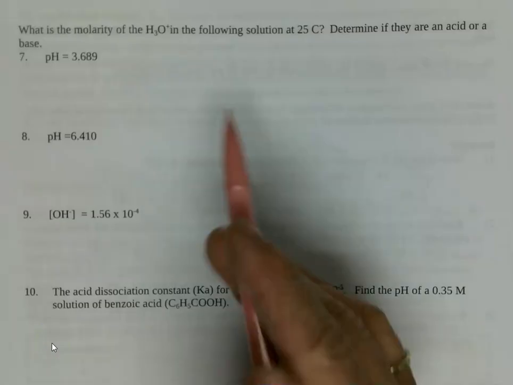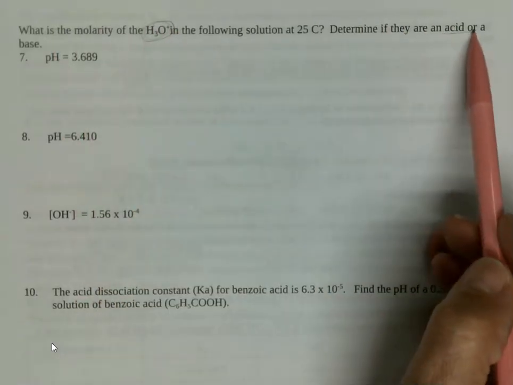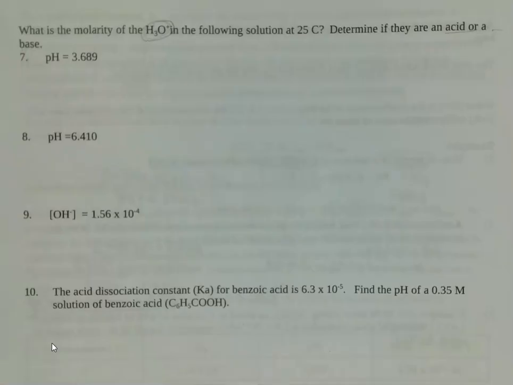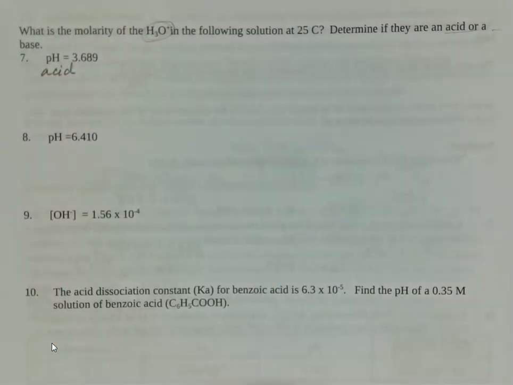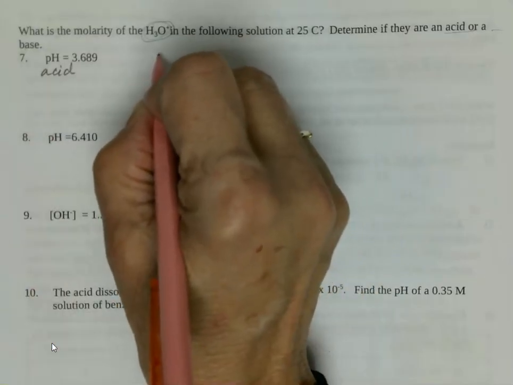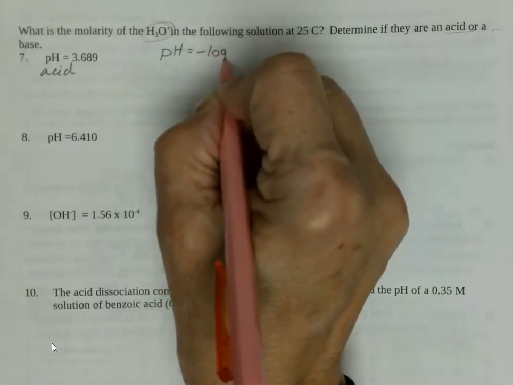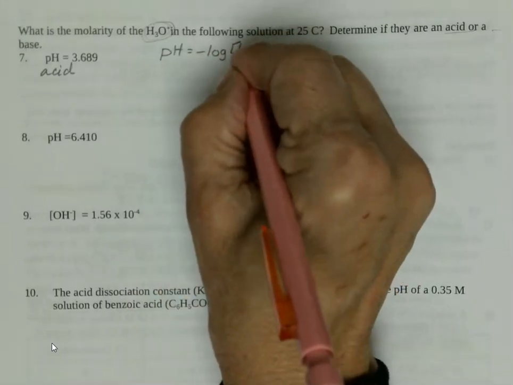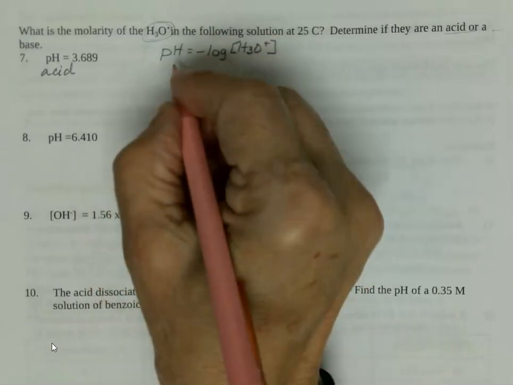Okay, so our next one's what is the molarity of the hydronium? And again, we need to decide if it is an acid or a base. So if it is 3.689, then again, that should be an acid. And we're going to go ahead and put that in because, again, pH equals the negative log of the hydronium, which is what I'm looking for.